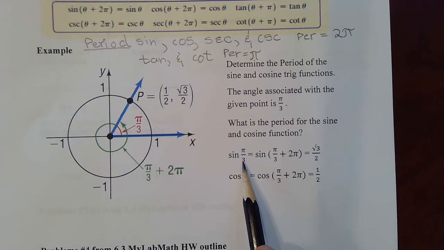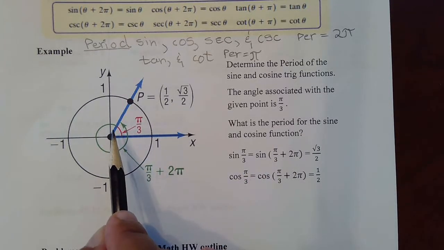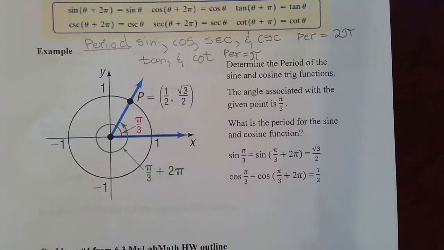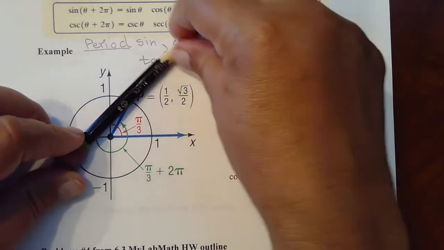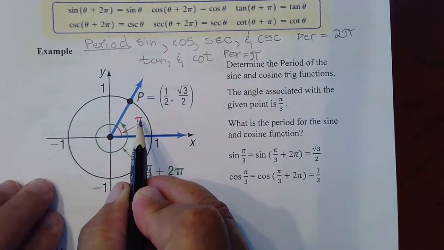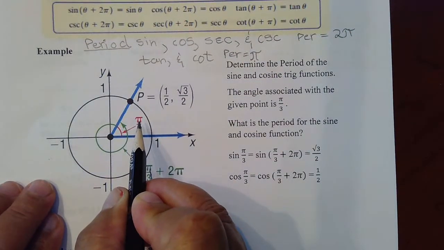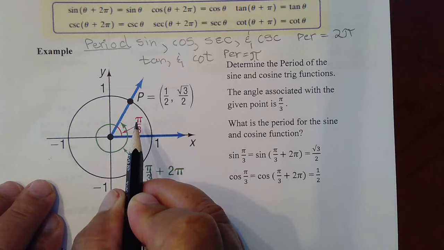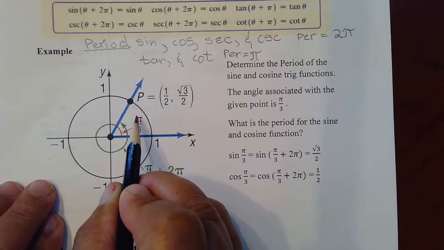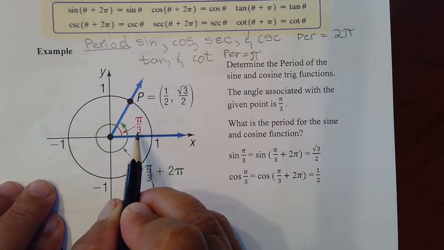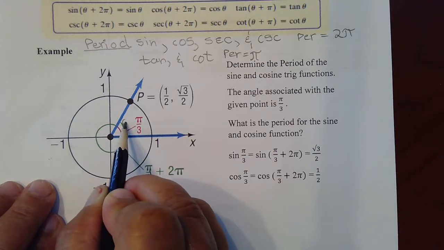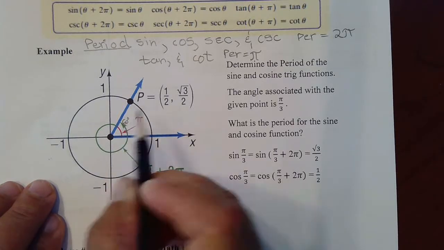And at pi over 3, look at what your central angle is. When you rotate pi over 3 units up in the air, let me remind you of what you did in 6.1 and 6.2, converting radians to degrees. This is 180. 180 divided by 3 is 60 degrees. So you're talking about a 60-degree angle right in here.